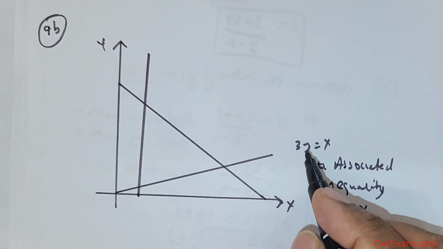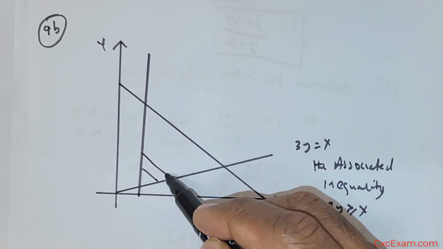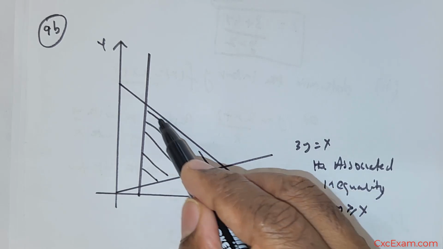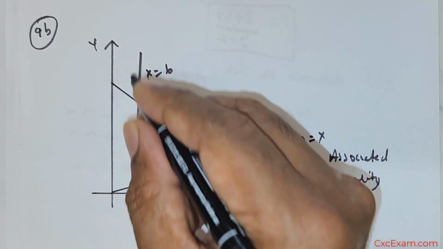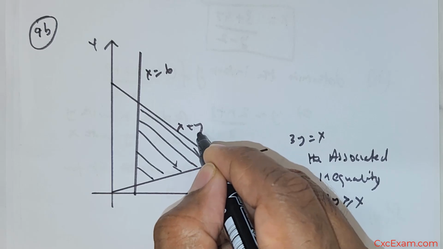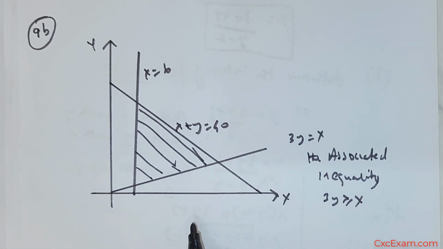So all regions above this are shaded. All of this is shaded. Now this line is x is equal to 6, and this line is x + y is equal to 40. Now the figure is not to scale.